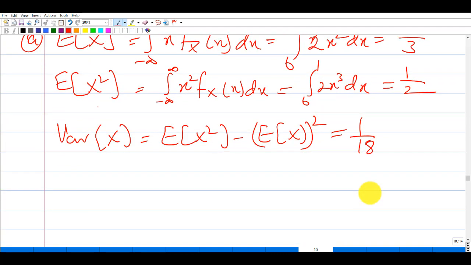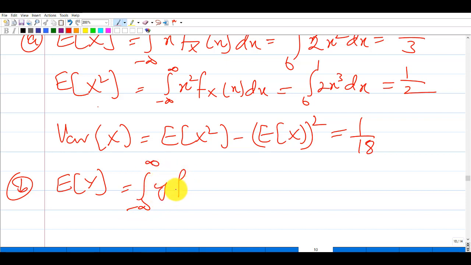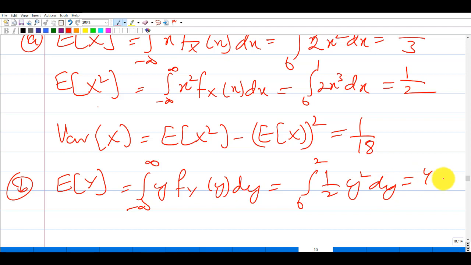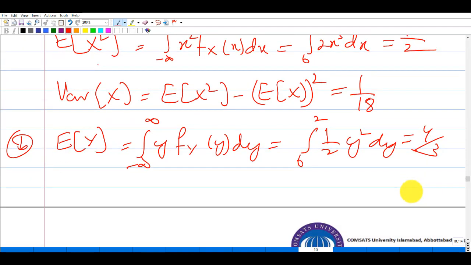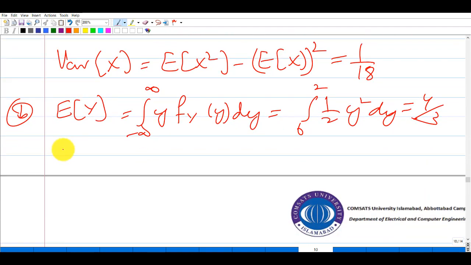Similarly, the second part says to find the expected value of y. Expected value of y will be the integral from minus infinity to infinity of y f y of y dy, which is the integral from 0 to 2 of 1 over 2 y square dy, and this integral comes out equal to 4 by 3.